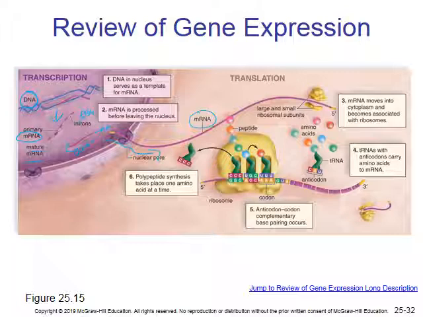Then we know that the ribosomal subunits are going to attach. We're going to have transfer RNAs dropping off amino acids to build the polypeptide chain. And eventually, when we get to a stop codon, all of these RNAs are going to disassociate, and we'll have our polypeptide protein.